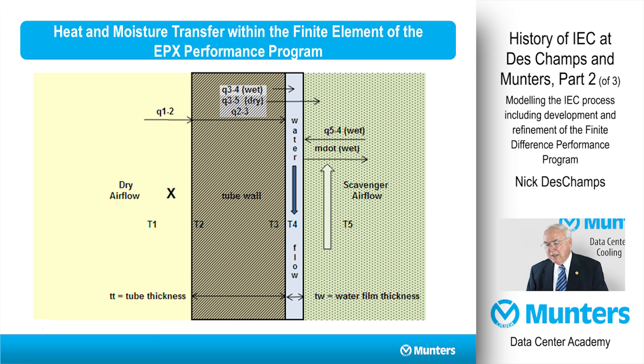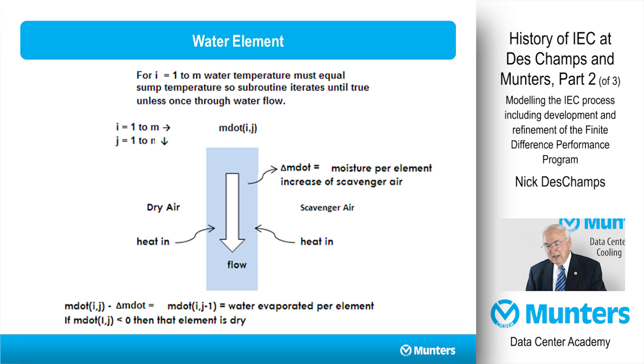And on the wet side, you have heat transfer from the wet airstream into the water, and you have mass transfer from the water into the wet airstream. So there's a lot going on there. And it's amazing, but the water flowing down the wall is at a lower temperature than either the hot airstream or the scavenger wet airstream.